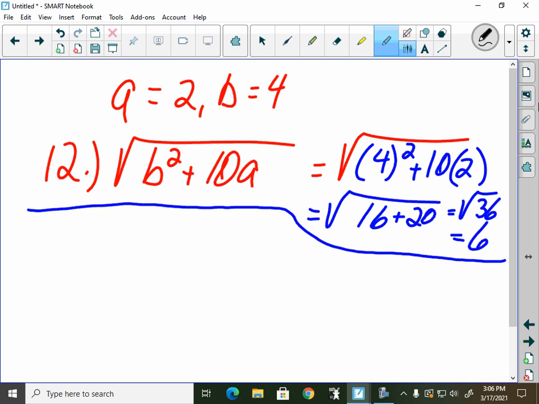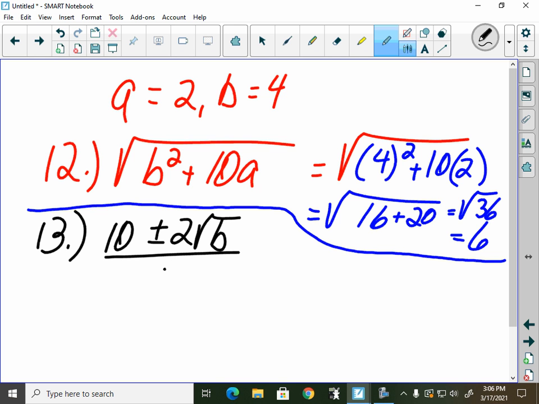Using black ink. Number 13 says figure out 10 plus or minus 2 square root of B over A. Okay, we can do this. So it's going to be 10 plus or minus 2 square root of 4 over 2.